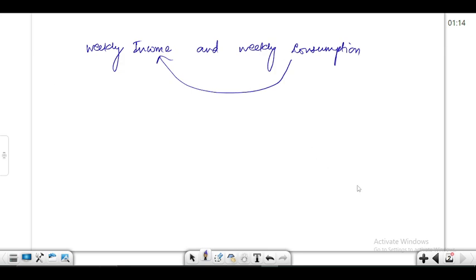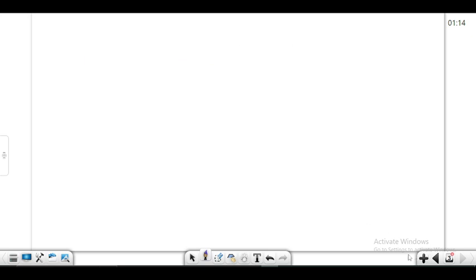I'll have to use a different page for that. So we have here weekly family income. This is your x variable.